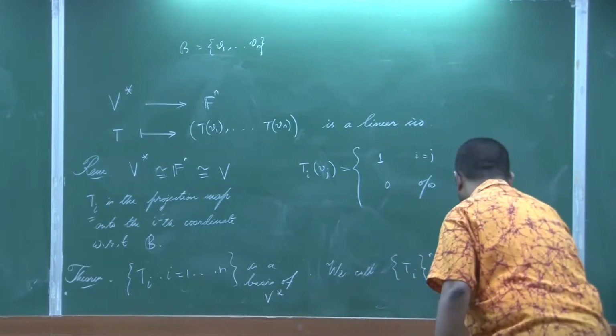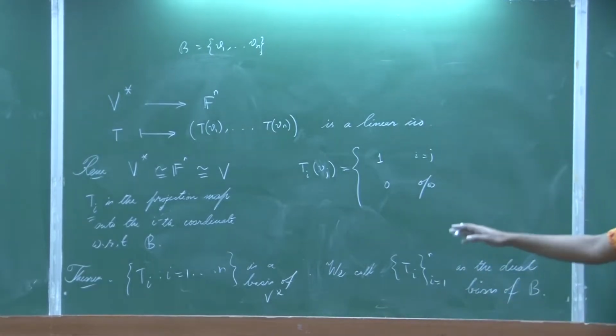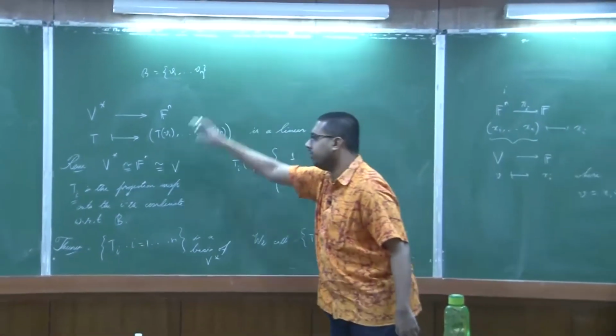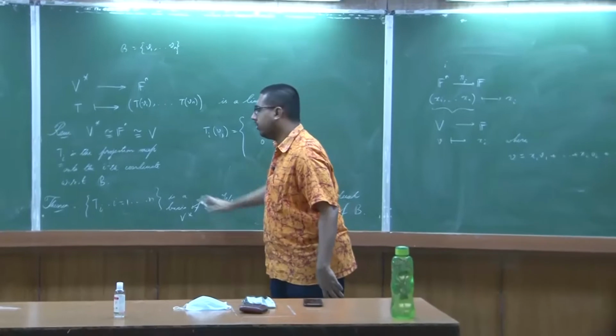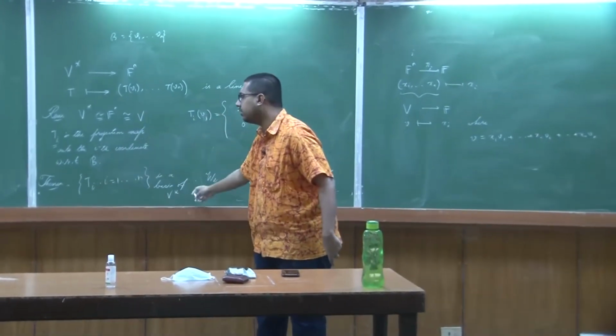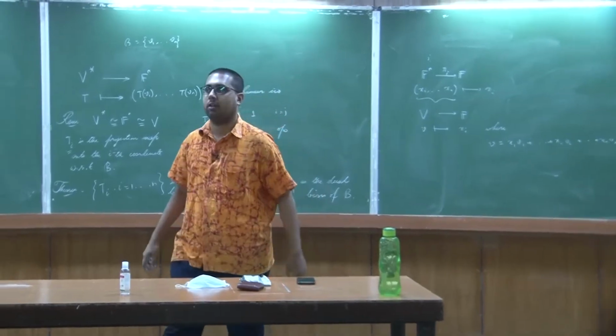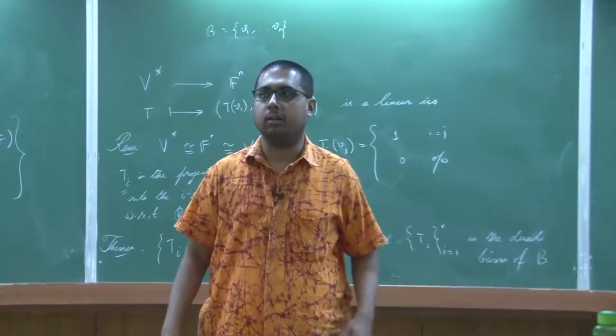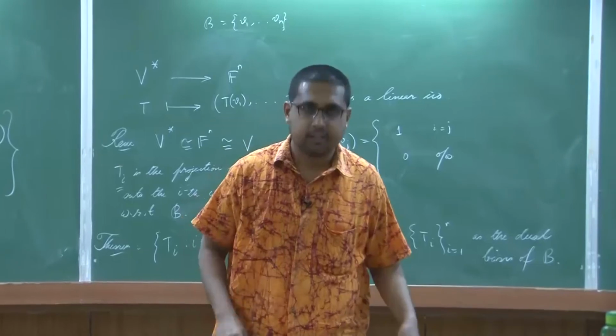So, this is the definition: given an ordered basis here, we arrive at another basis of V star, which we are going to call the dual basis. In the next lecture I will talk about that dual basis more. So, with that I will finish this lecture. Thank you.